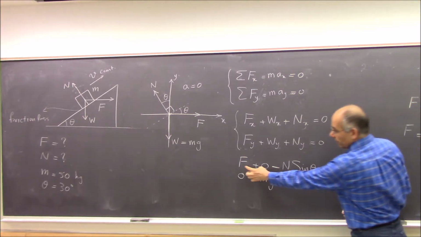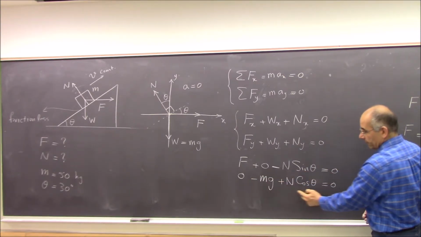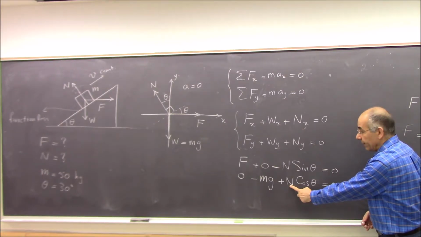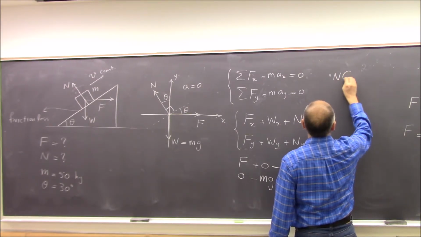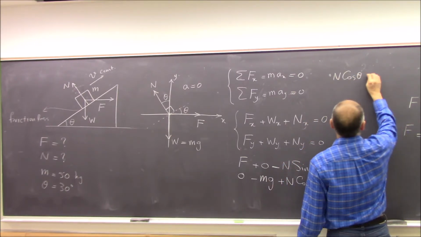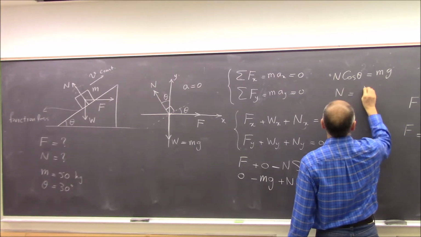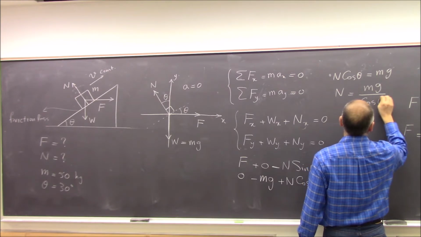You want F and N. The first equation involves both of them, but the second equation only involves N, so that's easy. Let's find N from that equation. N cosine theta is equal to mg, therefore N is equal to mg over cosine theta.